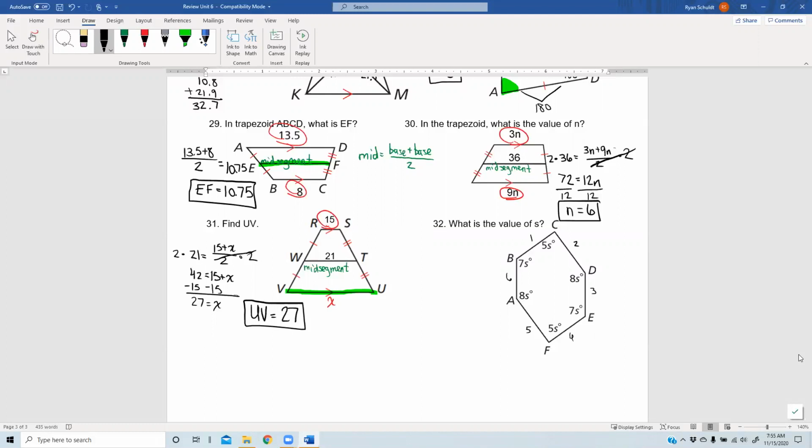I've got to first figure out how many degrees I'm allowed to have based on how many sides I have. So let's do that. 6 minus 2 times 180. That's going to give me 720. That's how many I'm allowed. That's my budget.